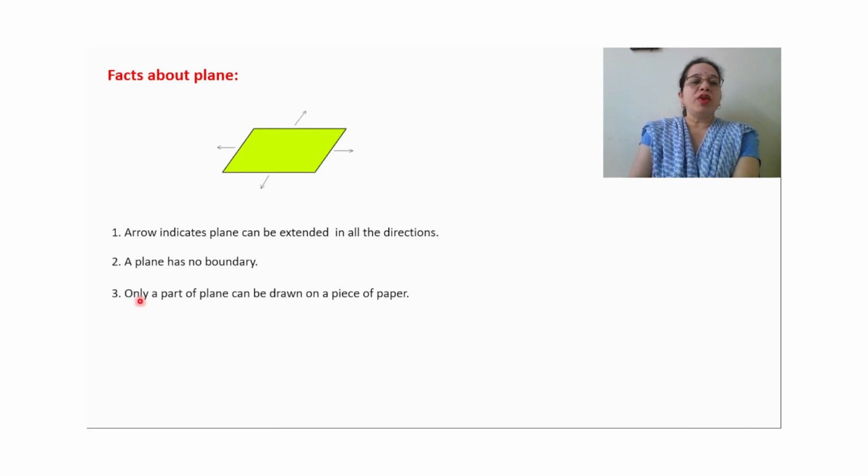It means we can only draw a small part of a plane on a piece of paper. Usually a plane is represented by a rectangle or a parallelogram. What does it mean? The shape we show for the plane is mostly a parallelogram or a rectangle.